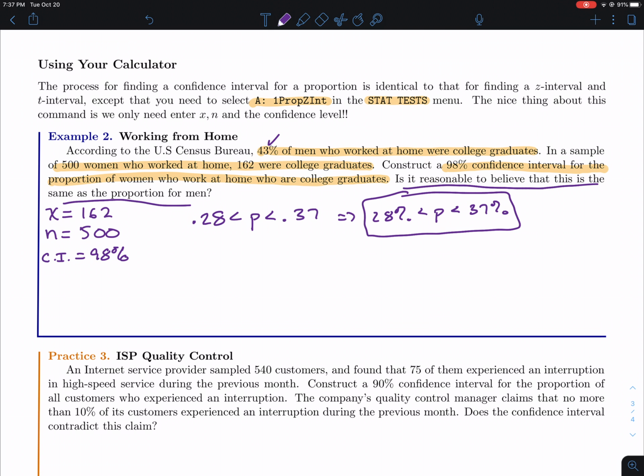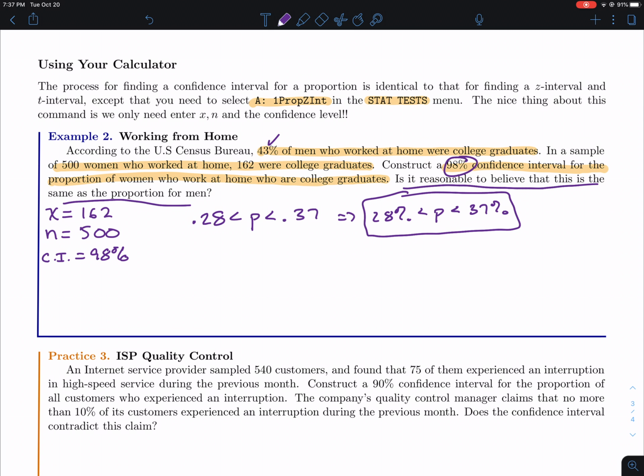It's possible that we got a bad sample. That is always a possibility, so we can't conclude 100%, but 43% is definitely going to fall outside of that 98% confidence interval. We're 98% confident that the proportion of women who work from home that are college graduates is between 28 and 37%.